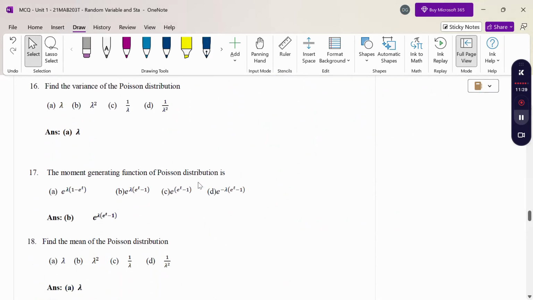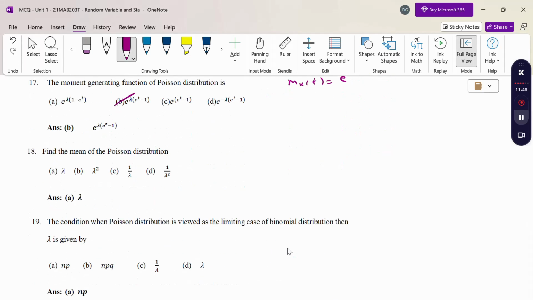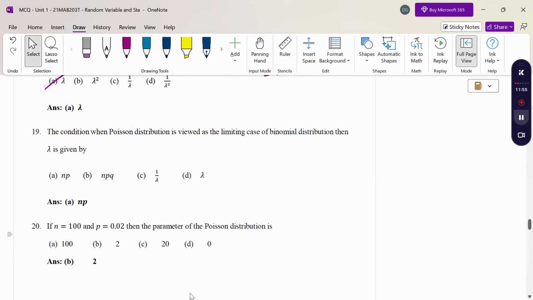Then find the variance of the Poisson distribution. The variance of X is lambda. Then the moment generating function of the Poisson distribution, M_X(t) = e^(lambda(e^t - 1)), therefore option B. The mean of the Poisson distribution, E(X) = lambda, option A. When the Poisson distribution is viewed as a limiting case of the binomial distribution, lambda equals n into p, option A. If n is 100 and p is 0.02, then find the parameter of the Poisson distribution.